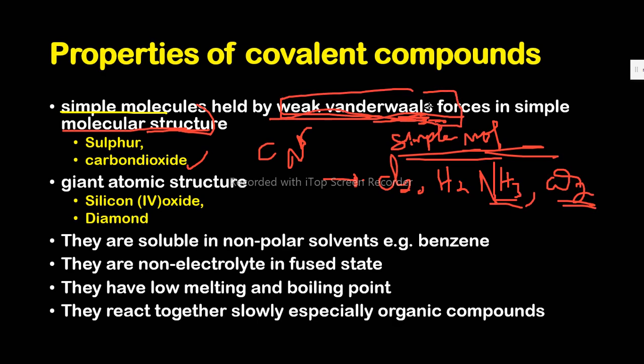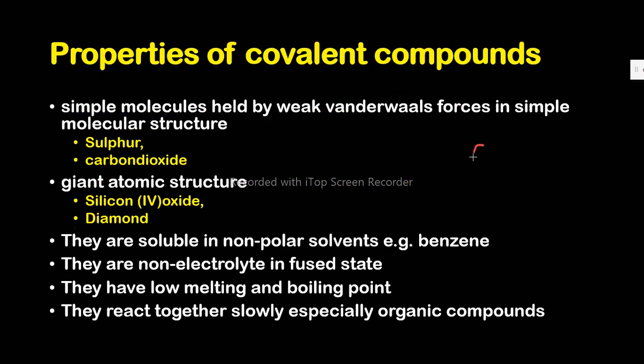But for molecules with giant atomic structures, for example, silicon dioxide and diamond, they form a giant atomic structure. Okay? You remember the structure of diamond in Additive. You do something like this. This is carbon, and then this is another carbon, and then something of this kind.